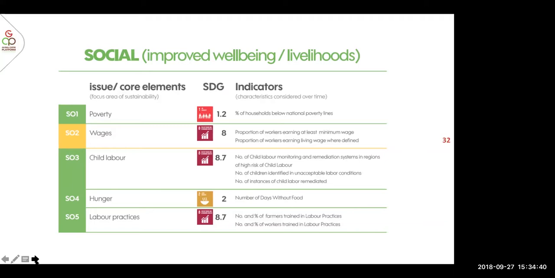And last but not least, issues to do with labor practices. Again, for these issues, the idea is coming up with a set of common indicators that people can use to tell, on each identified core issue in regard to the sustainability of the sector, what progress we are making in that particular area.